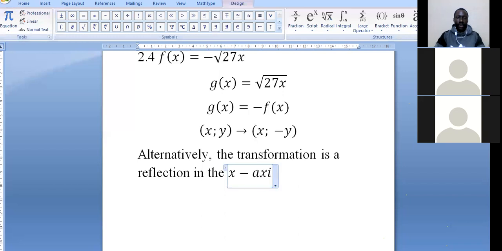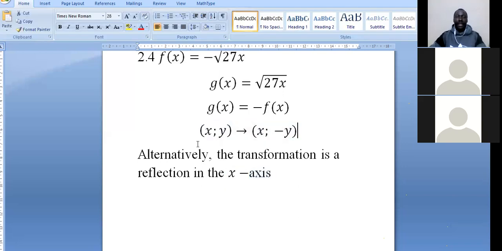That is in case you want to just have additional description, in case you don't like the approach of using this one. You could say the transformation is a reflection along the x-axis. That would be the solution to your question 2.4.